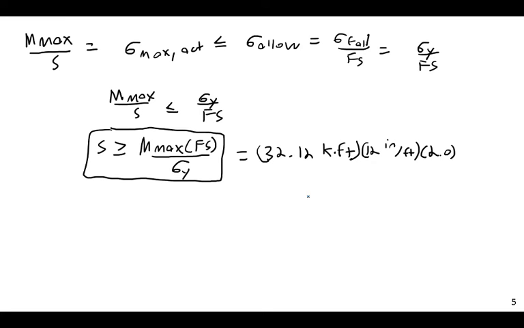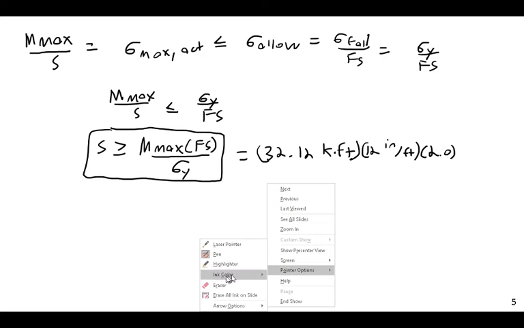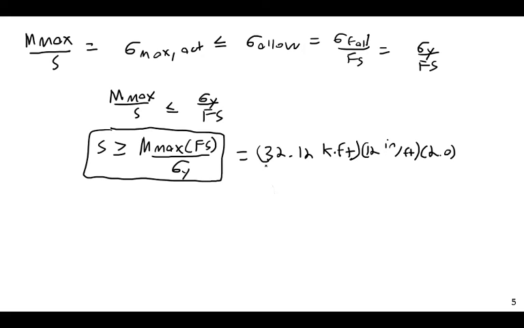And all of this divided by 36 KSI for our yield stress, kips per square inch, and this then comes to 21.41 inches to the third.